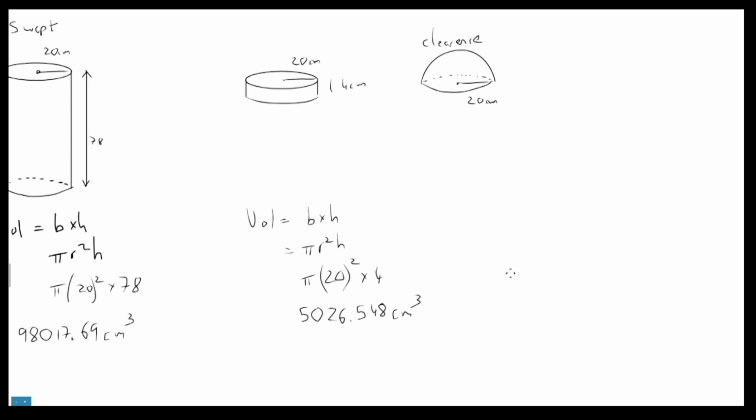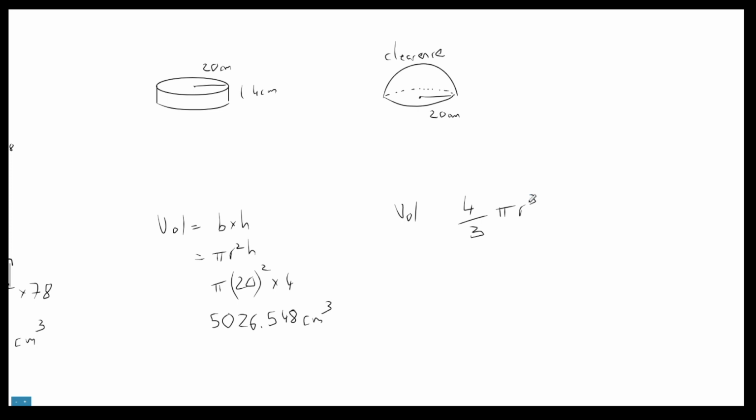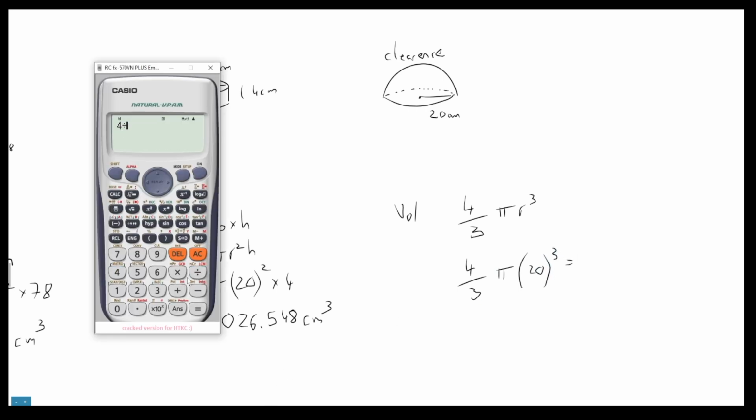Now I need the volume of this hemisphere. So we need the volume of a regular sphere. Volume of a sphere is 4/3 pi r cubed. We know r is 20, so it's going to be 4/3 pi 20 cubed. 4 divided by 3, times pi, then times 20 cubed.